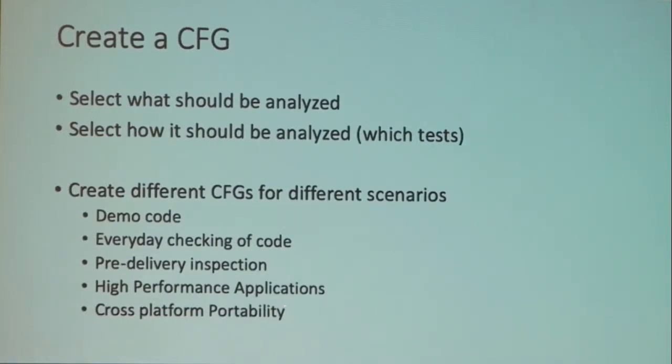High performance applications, we probably want to concentrate on things like memory usage, loop iterations, hammering the CPU and railing that. We want to make sure that the application and the code behind it is as performant as possible.